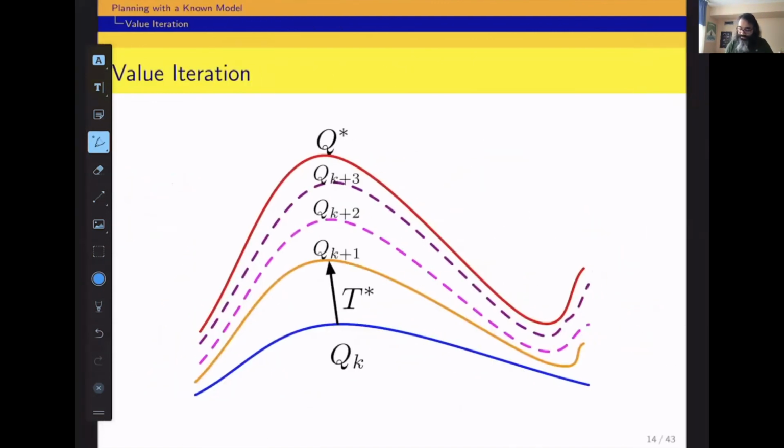If we do this iteratively for several iterations, with these different T stars, we get Qk plus 1, plus 2, plus 3, and gradually they're converging. They would converge to Q star. So they're getting closer and closer.